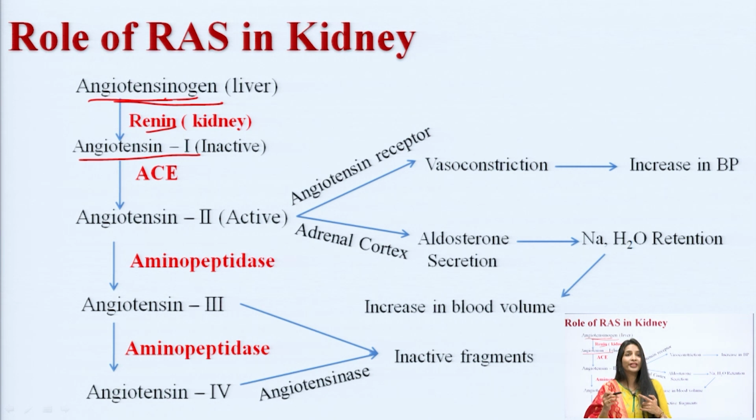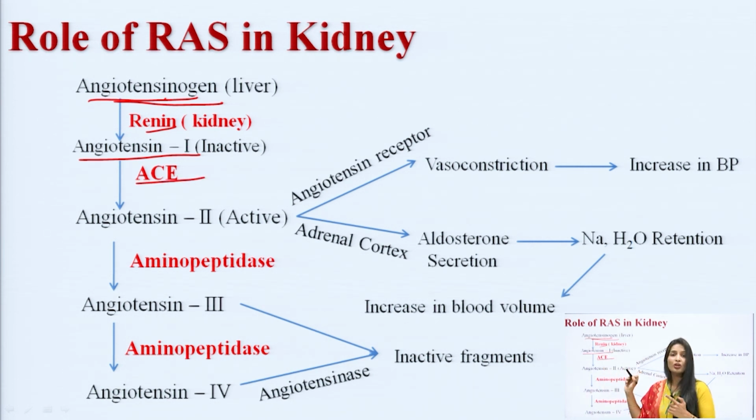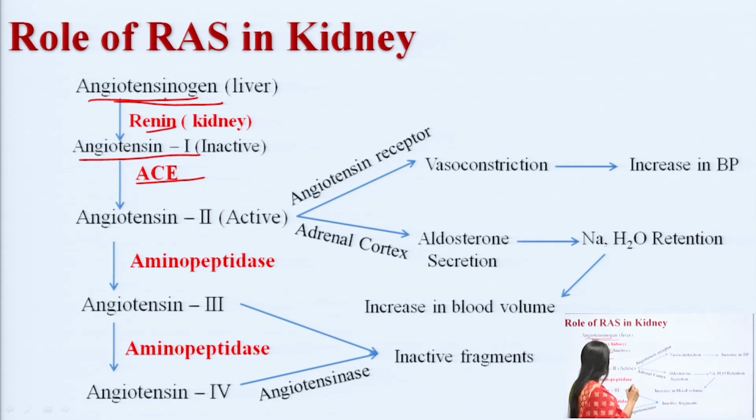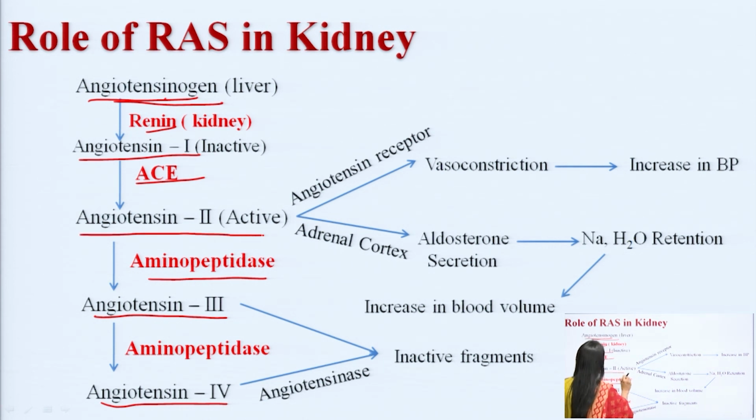In the presence of ACE, angiotensin converting enzyme, it will be converted into angiotensin 2. And when the angiotensin 2 has been converted, it is in a very active form, and in the presence of aminopeptidase, it is going to convert into angiotensin 3, and further aminopeptidase enzyme से आपका angiotensin 4 liberate होता है. And if I am talking about this angiotensin 2, it plays a very important role.